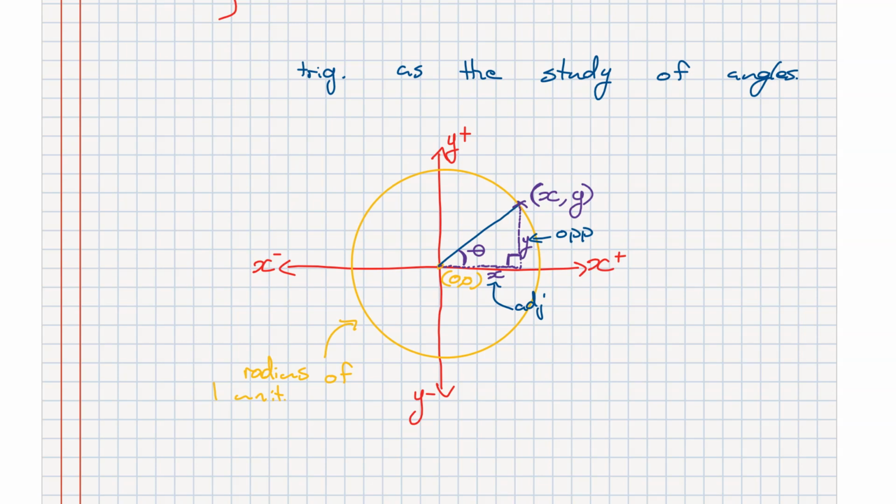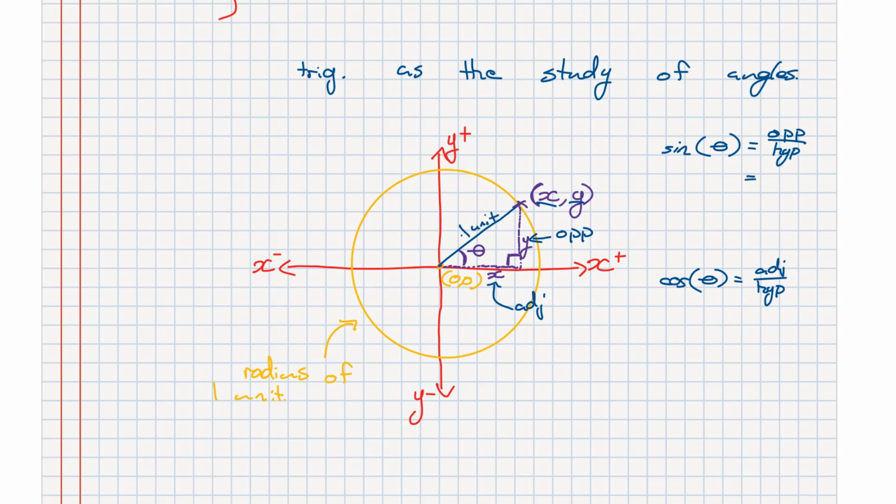If we use our sine and cosine ratios, sine of theta equals the opposite over the hypotenuse, and cosine equals the adjacent over the hypotenuse. What we can do is find values to explain the x and y coordinates here.